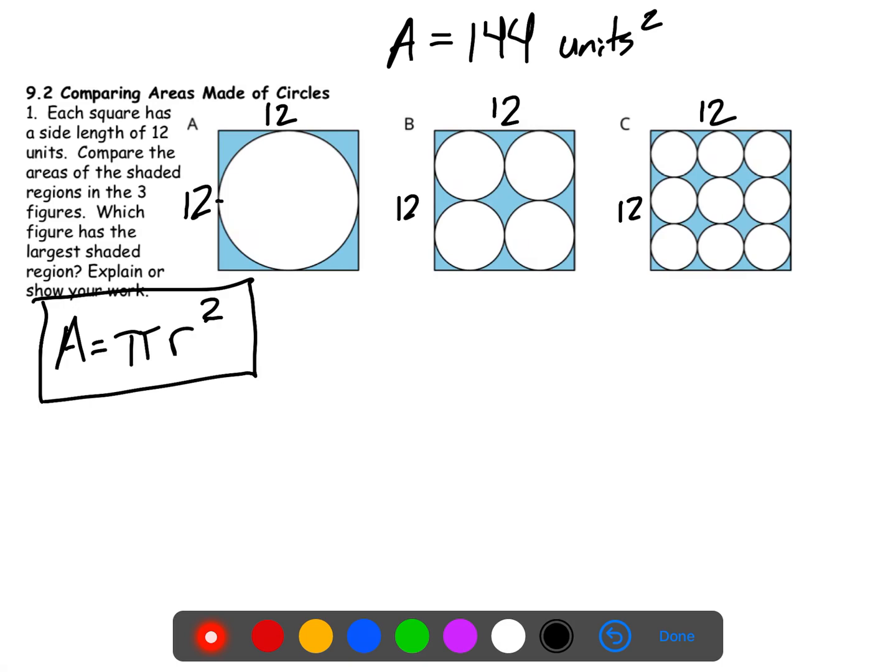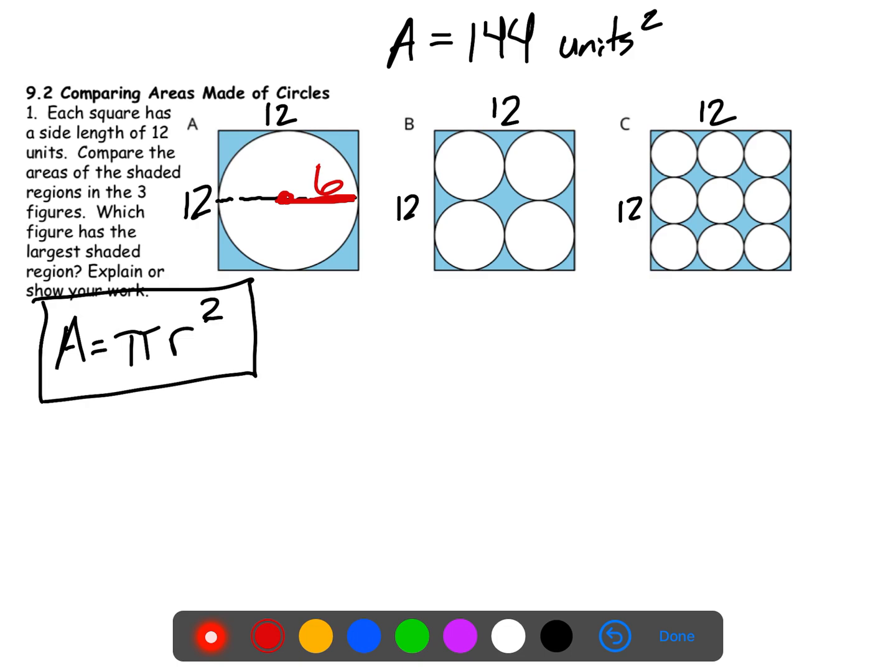Now, if we look all the way across this circle, that would be the diameter. And being that the circle goes edge to edge here on the square, whatever the side length of the square is will also be the diameter. Okay, if that's true, the radius is half of the diameter. So this circle is going to have a radius from the center to the outside of 6.